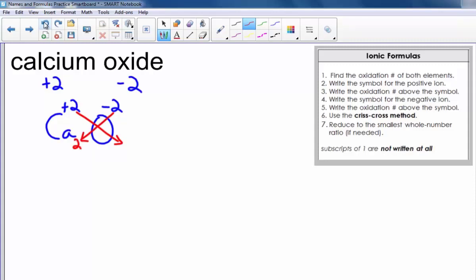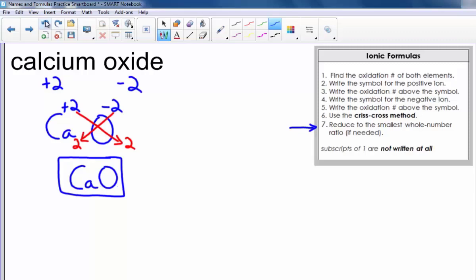And so I'll put a 2 for calcium, and I'll put a 2 for oxygen. Now this step 7 on this one is actually something we're going to have to do, because we have a 2:2 ratio. That really is a simpler ratio of 1:1. And so we can drop that back to a formula of just CaO. Because again, there's really a little 1 right here as subscripts, but we never write those just for simplicity.